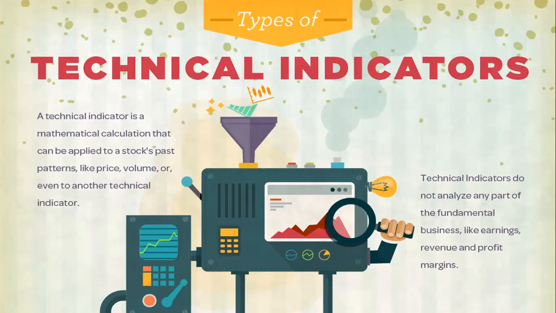Technical indicators do not analyze any part of the fundamentals. So when we talk about technical indicators, they are all about technical, not fundamental. They do not analyze any part of the fundamentals of a business, like earnings, revenue, profits, or news, NFP, and all that.